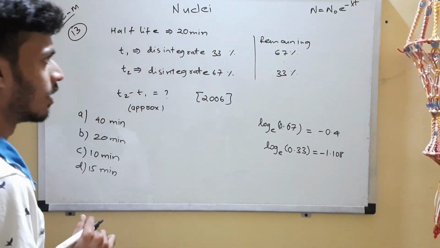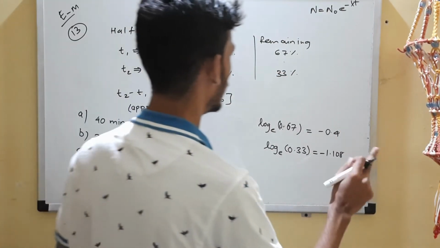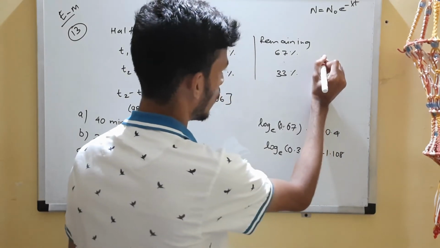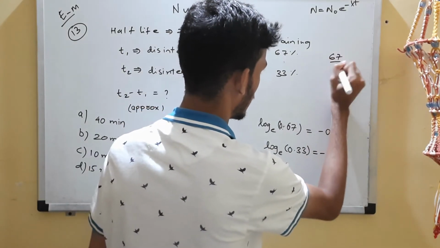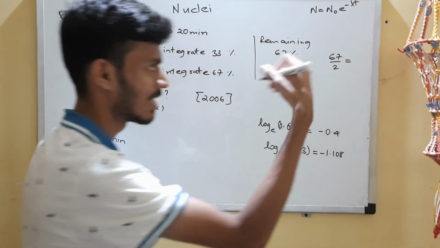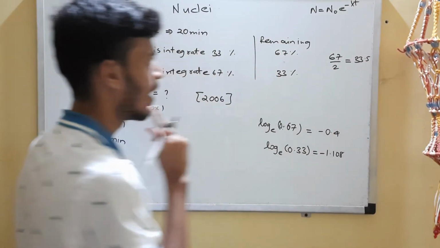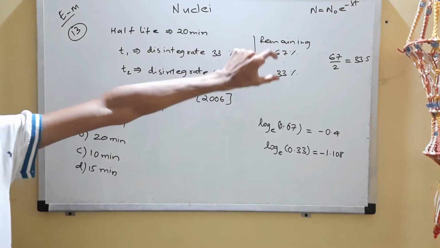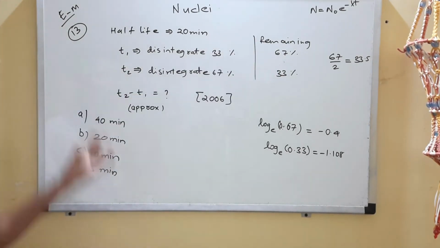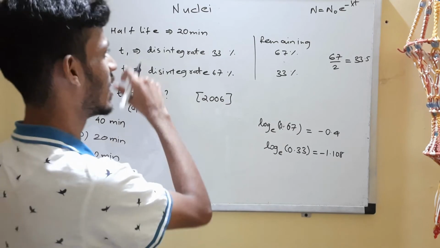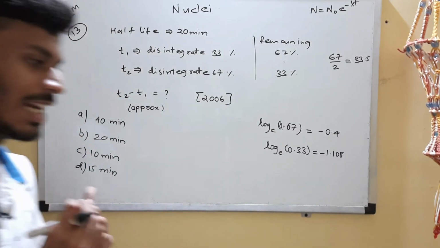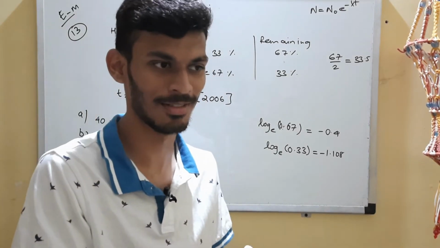So the interesting thing over here is, what is the half of 67? 66 is 33, so 67 is 33.5. So it's approximately the half of this. Within this time interval T2 minus T1, the concentration is falling by half.